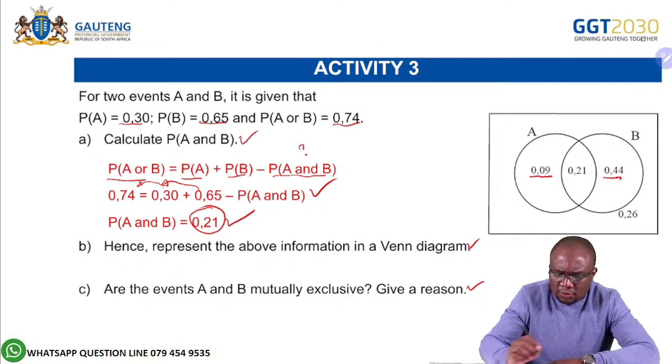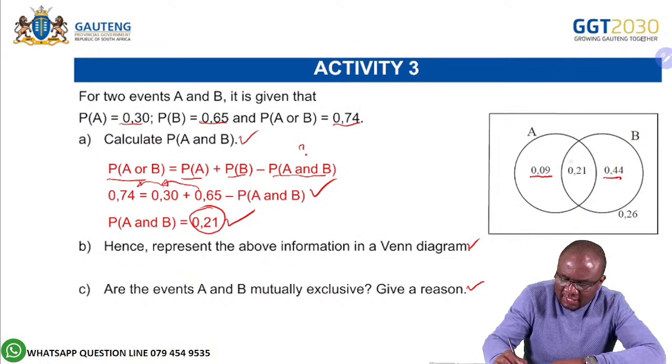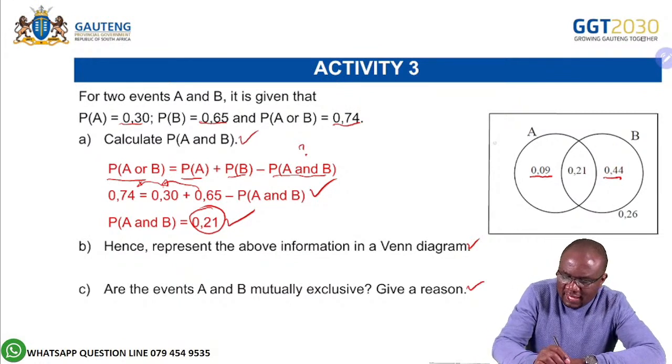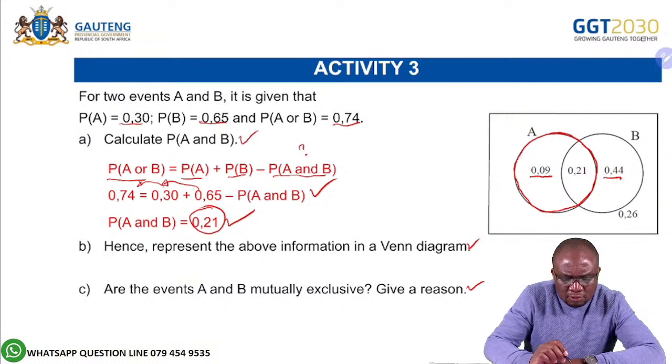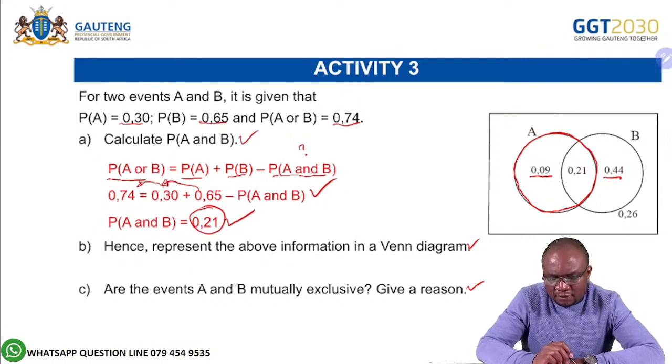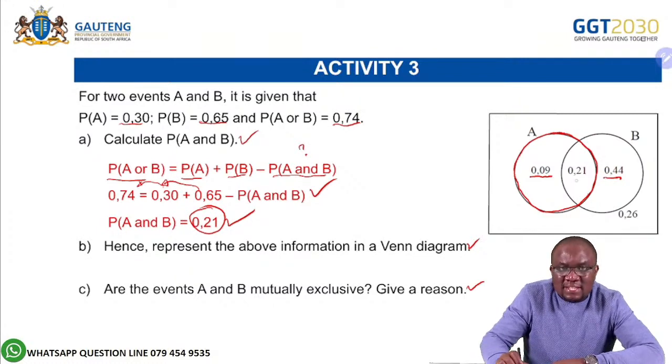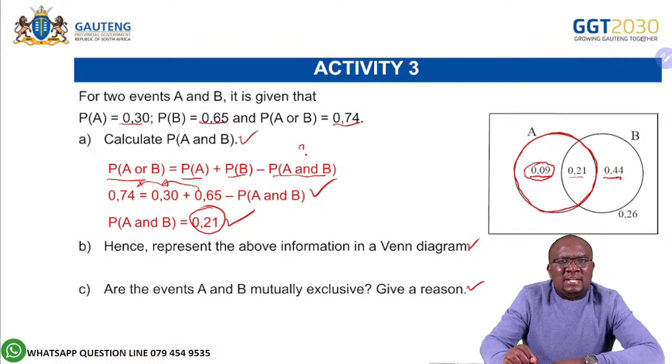Okay, so we have the probability of A and B, and then the probability of A, the whole A, is 0.3. You see that? And then if you say 0.3 minus 0.21, that's where this 0.09 is coming from.